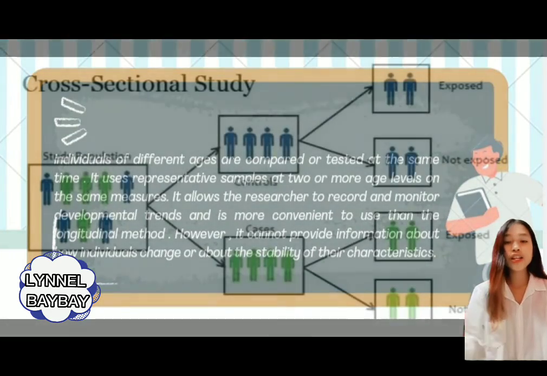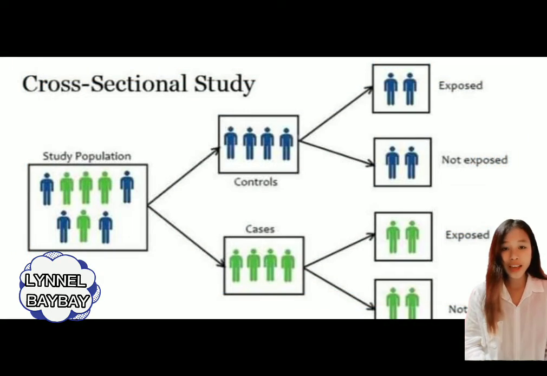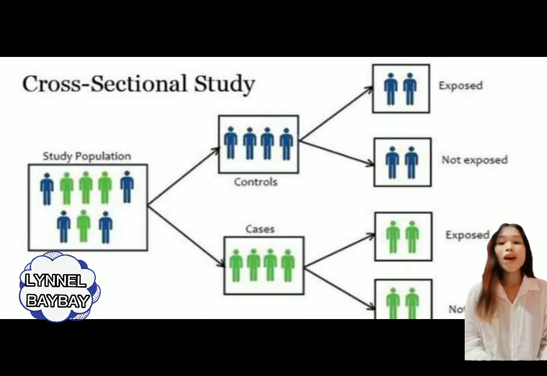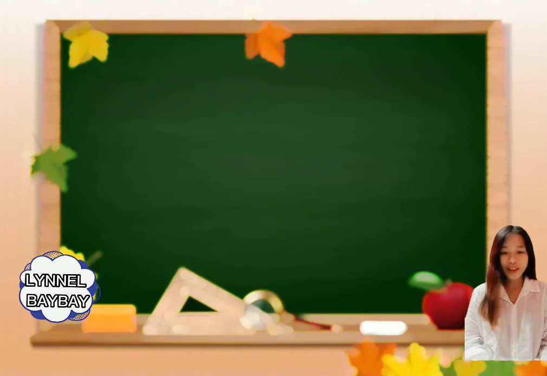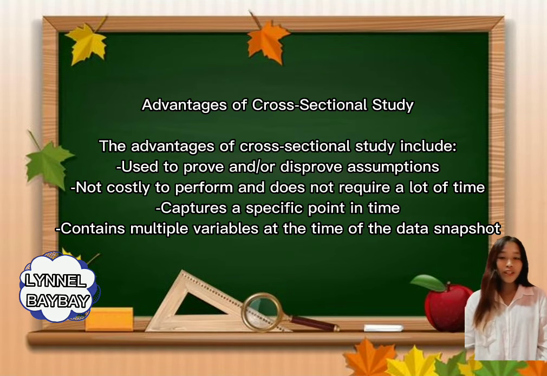A cross-sectional method is a type of research design in which you collect data from many different individuals at a single point in time. In cross-sectional research, you observe variables without influencing them. So these are the advantages.